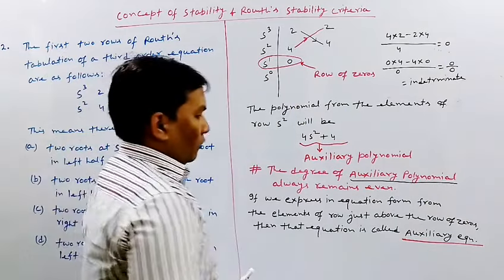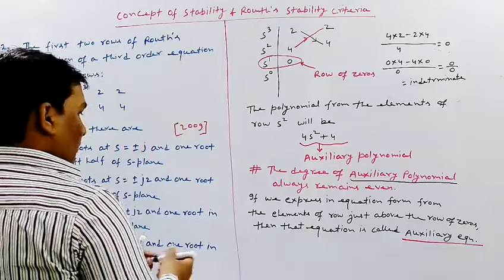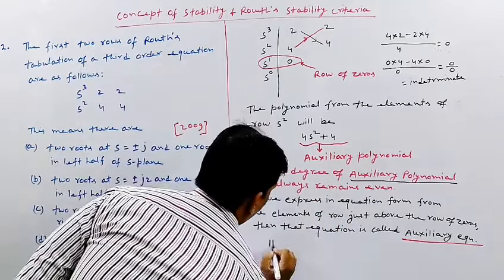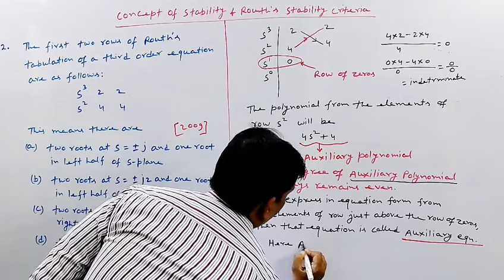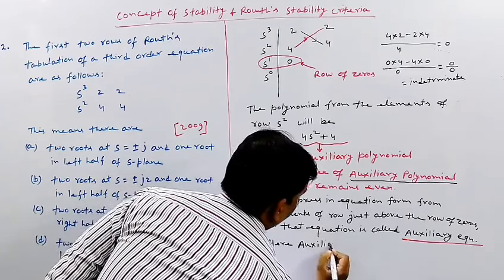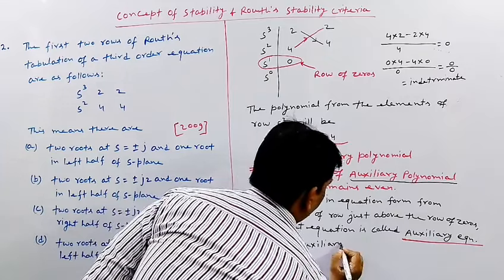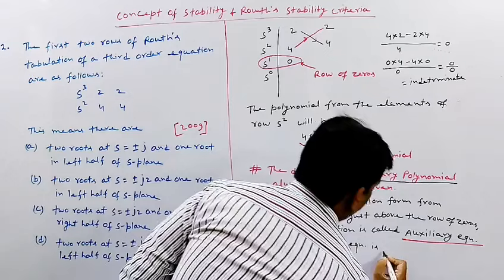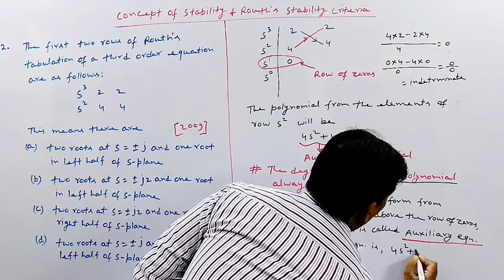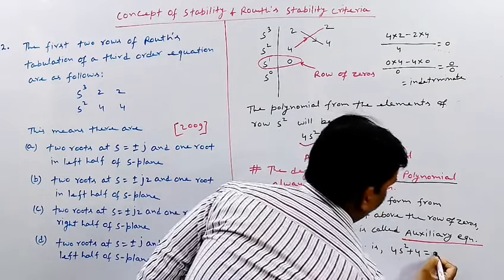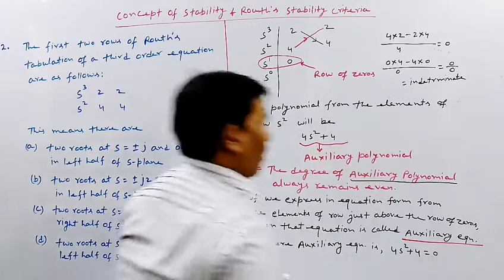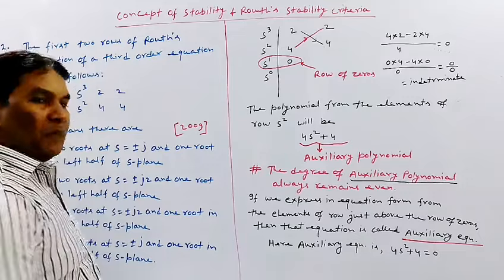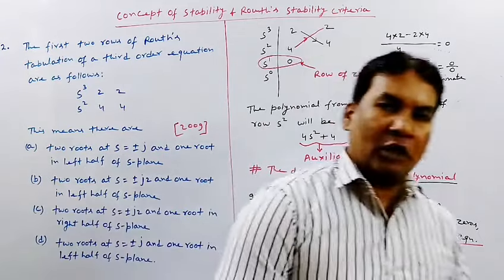So here the auxiliary equation will be 4s square plus 4 equal to 0. Now what is the importance of this auxiliary equation?